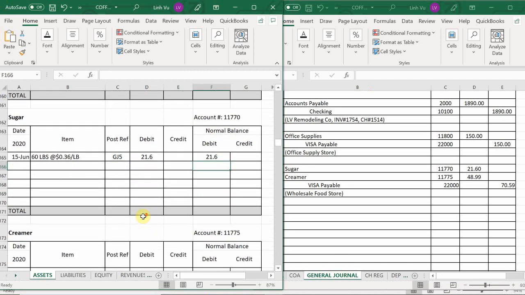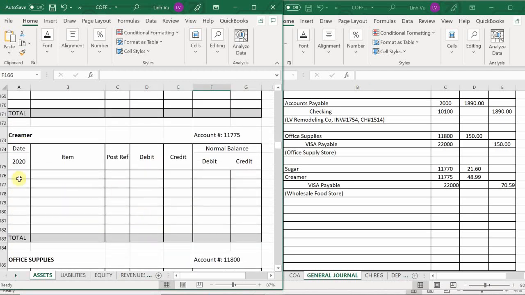Okay. We go to the creamer. We buy 3 cases of 12-pack non-dairy creamer, so 36 bottles.